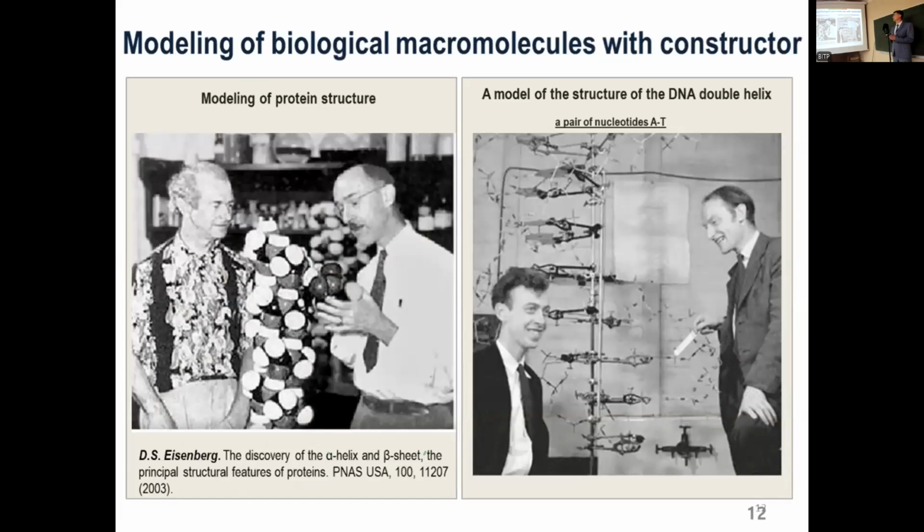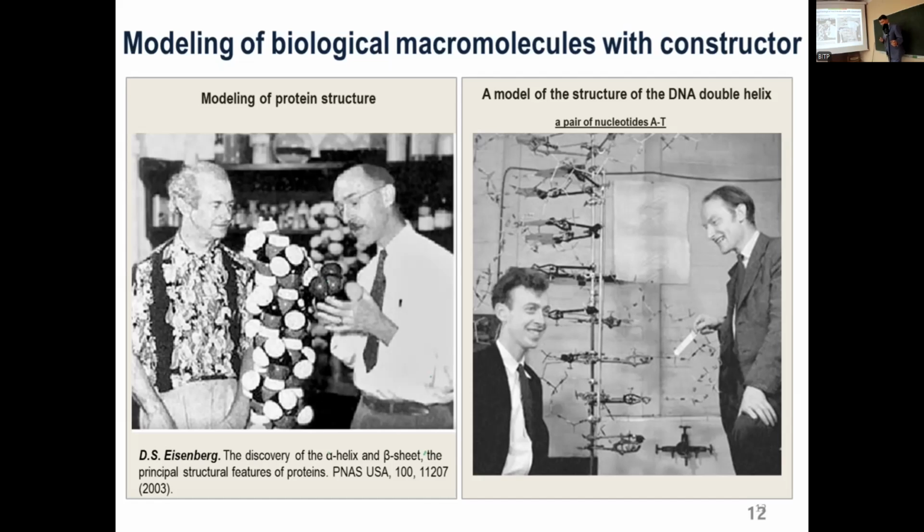To obtain these models, to discover these molecules, people used a simple way to model the molecules. They used some balls as atoms, and also some pieces of iron to connect different atoms, like puzzles in the shape of the molecule. So this is the first way to model the molecules.